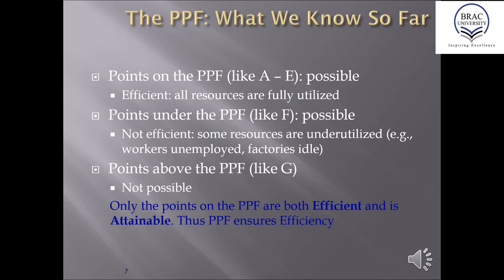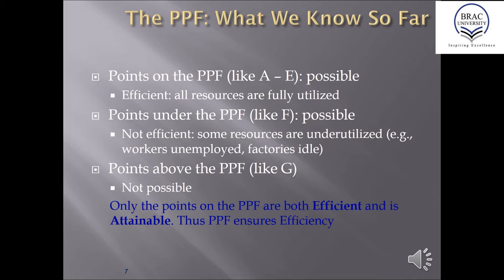Only the points that lie on the PPF, that is the points from A to E, are both possible and efficient, because at all of these points the country is producing the best possible combination of goods and services that it can, and it uses all of its labor resources at their maximum level. Points under the PPF, like point F, are possible and attainable but not efficient because some of the resources would be underutilized.